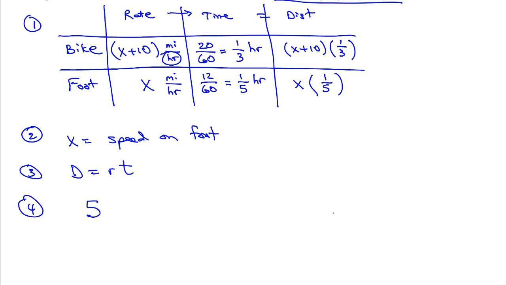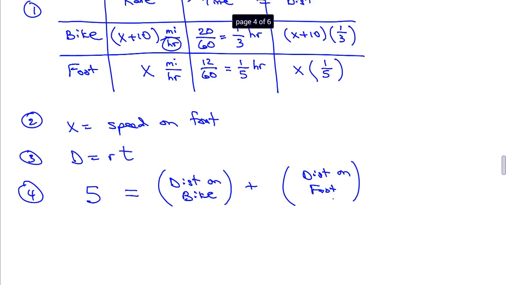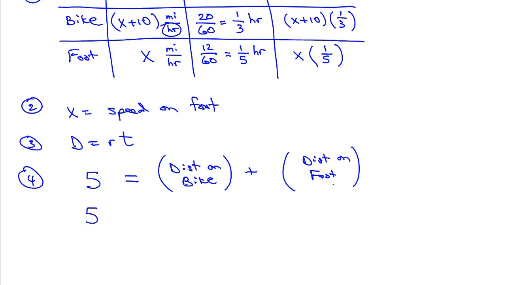So 5 miles total is going to be equal to the distance on the bike plus the distance on foot. And just pulling in these elements from the chart, the distance on the bike was x plus 10 times 1/3 plus the distance on foot was x times 1/5.